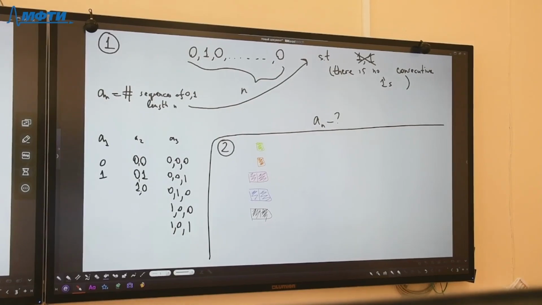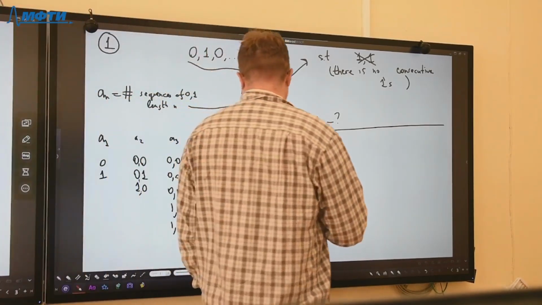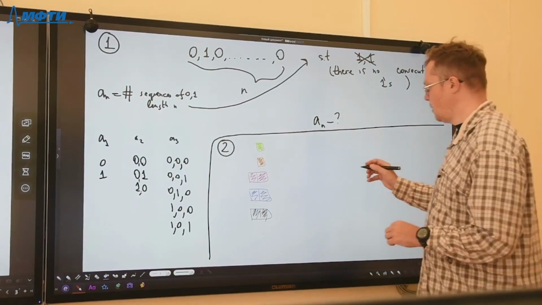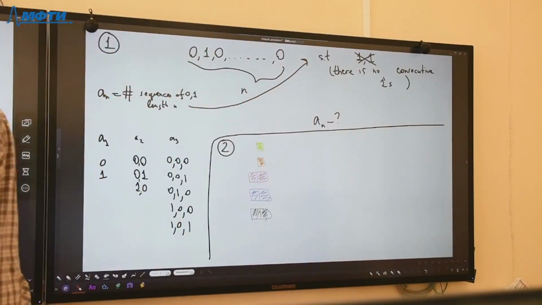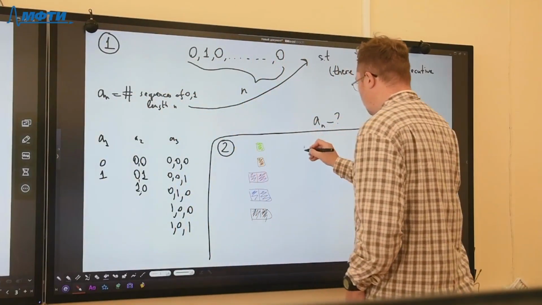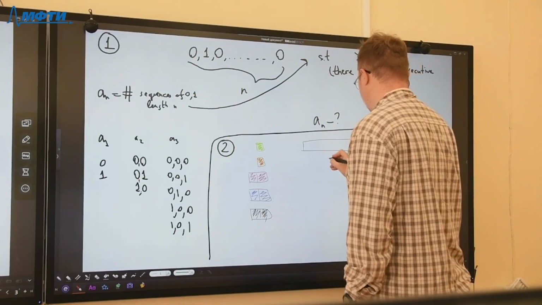And the question is, how many different types of designs of form 1 times n we can form.